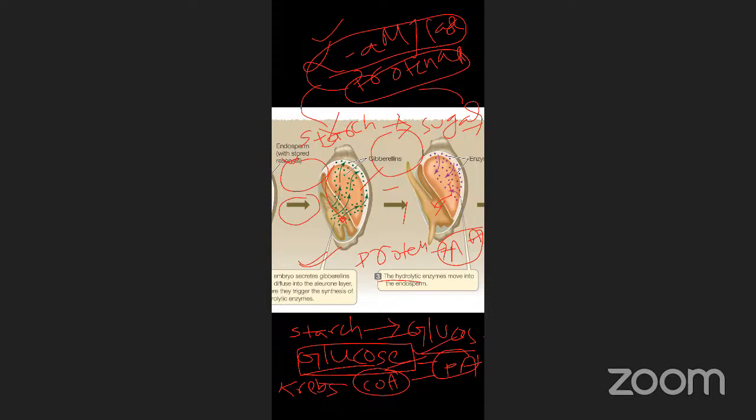What is the end product of respiration? ATP. How is ATP produced? Through the electron transport chain.